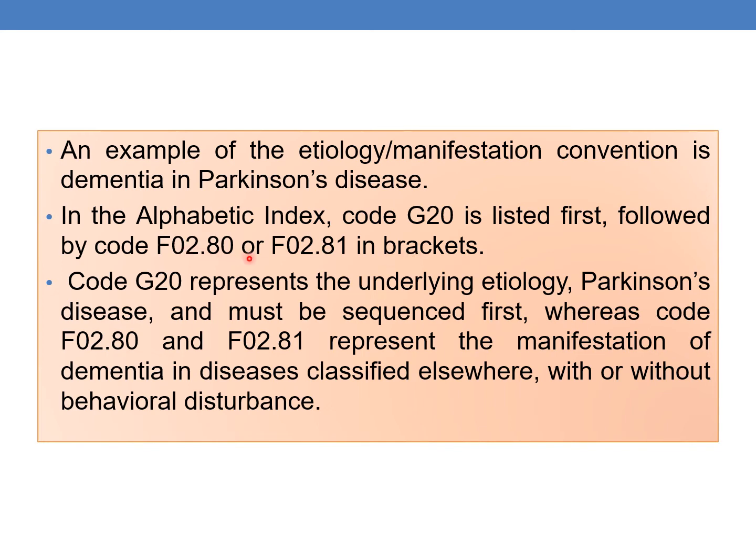This indicates this is a manifestation code and it must always be coded second. The code G20 represents the underlying etiology Parkinson's disease and must be sequenced first, whereas code F02.80 or F02.81 indicates dementia with behavioral disturbances, and represents the manifestation of dementia in diseases classified elsewhere with or without behavioral disturbances.